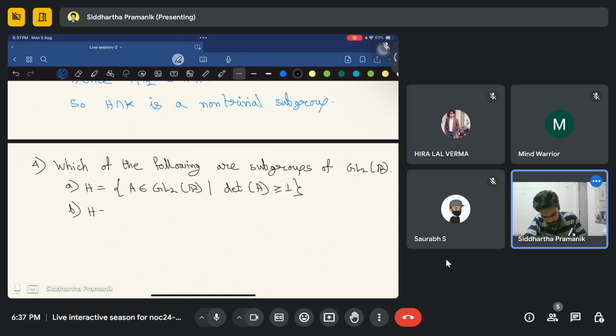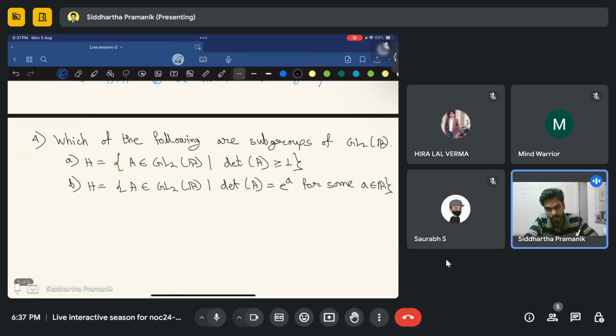The second one is A belonging to GL2R such that determinant of A equals e to the power a, where a is some real number. Okay, I hope the description of this set is clear.